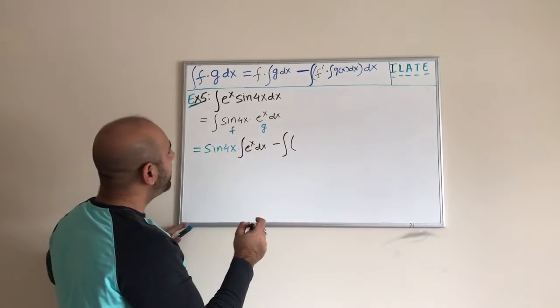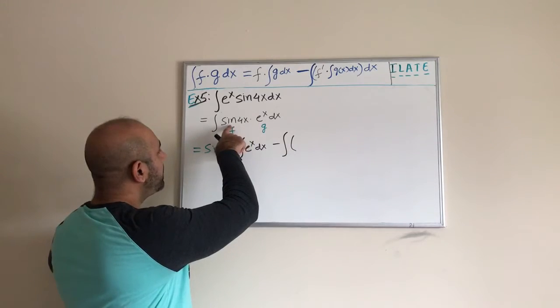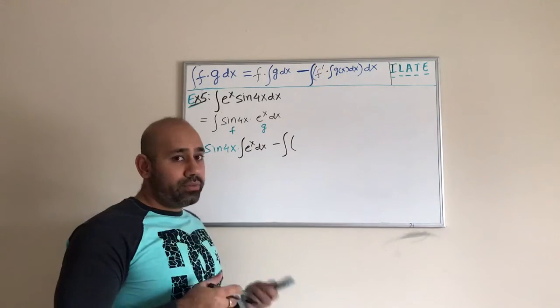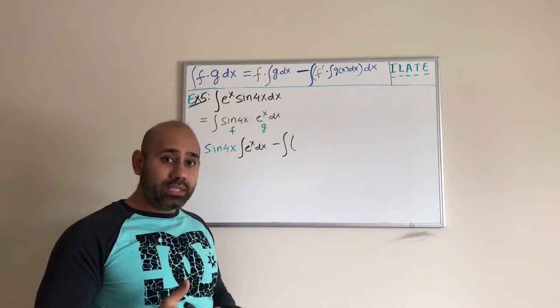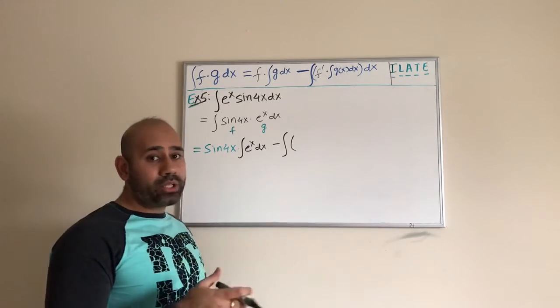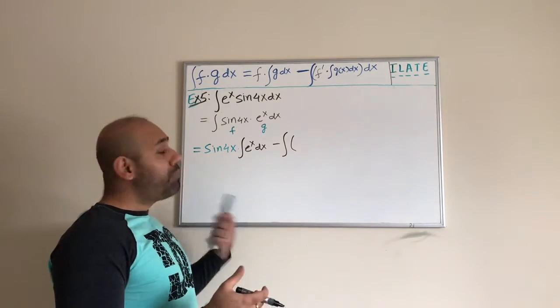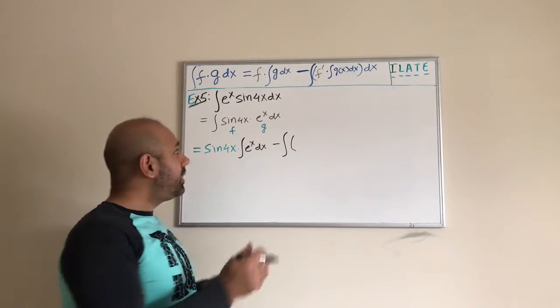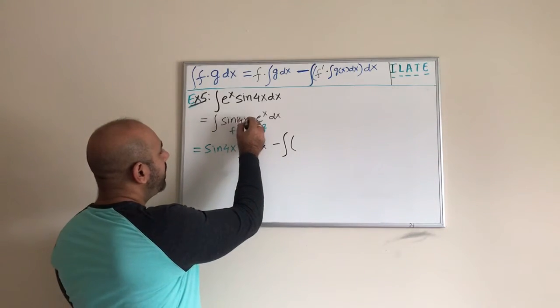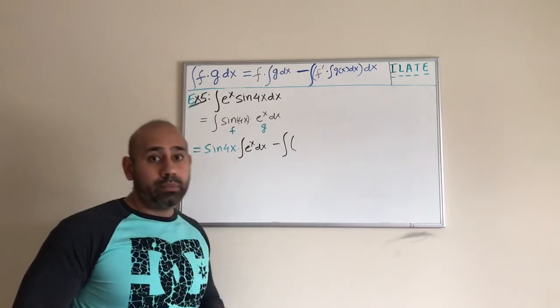Looking at the function f, which is sine of 4x, what is the derivative of the sine function? The derivative of sine is the cosine function, but here one has to use the chain rule, which means you have to multiply by the derivative of the inner, and the inner here is 4x, so the derivative of 4x will be simply 4.